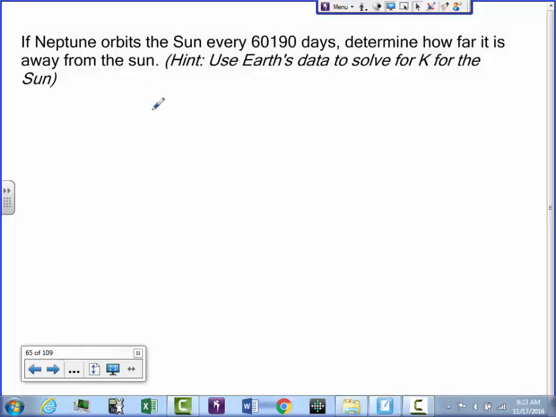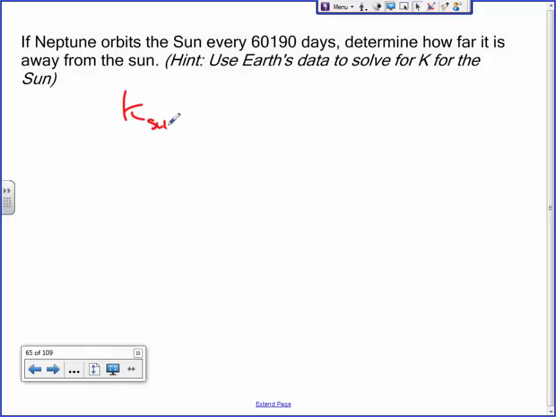Okay. Well, we already know the k value for the sun. Remember, the k value for the sun was 1 year squared over 1 astronomical unit cubed. We know that because the Earth goes around every 1 year, right?